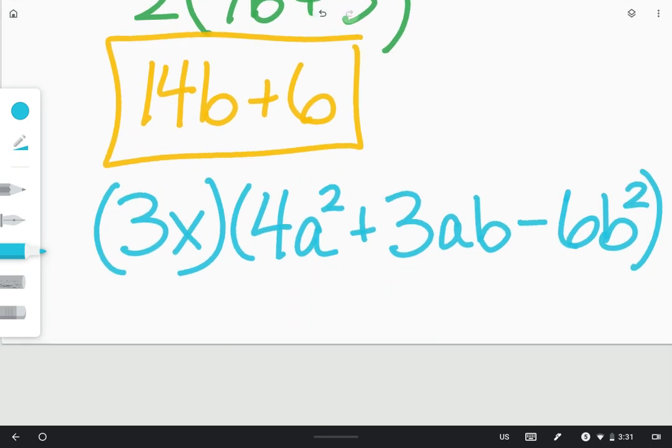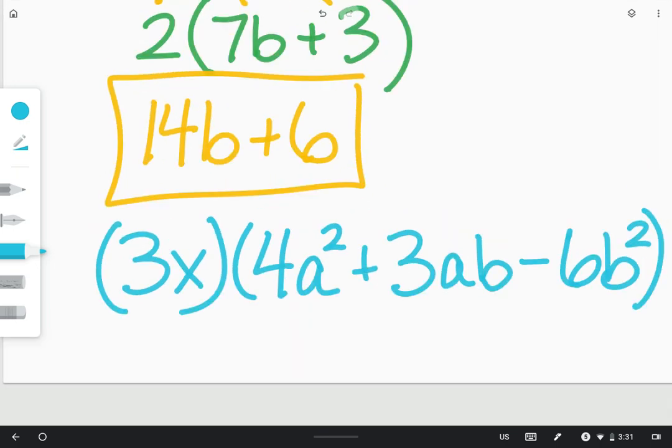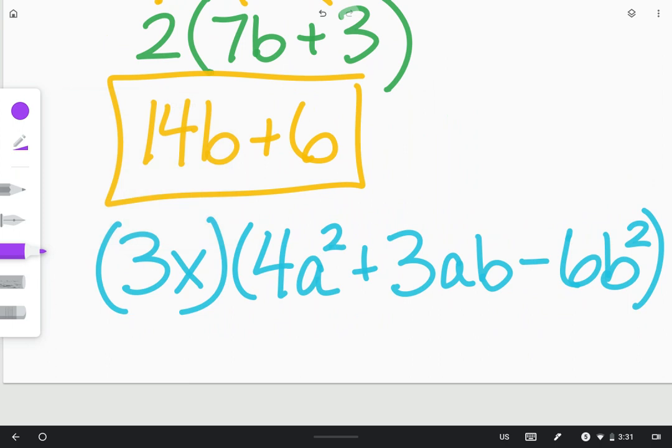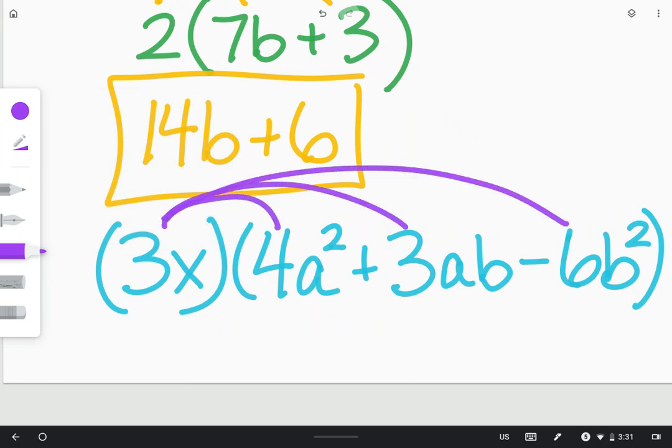So let's say this was our problem here. We would be distributing the 3x throughout the problem. We're going to be multiplying it times each one of these terms and then writing out our entire answer.